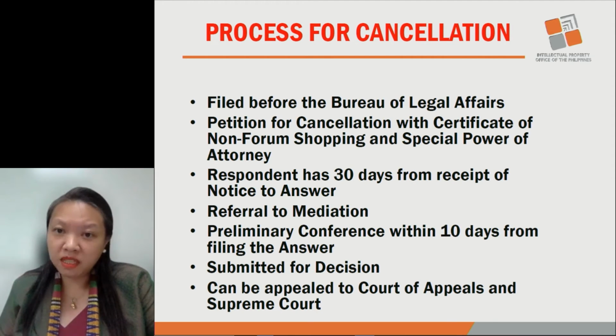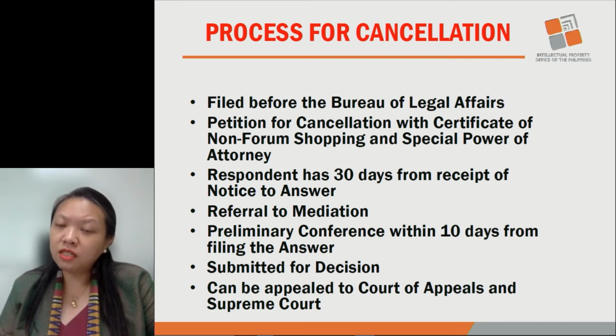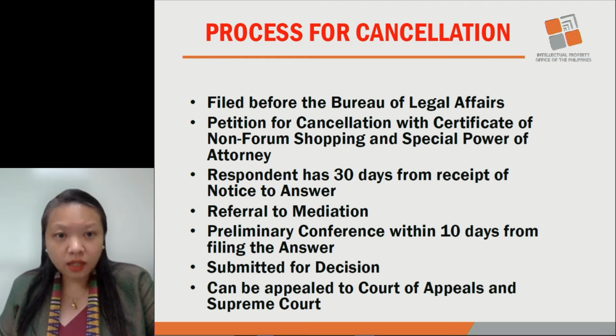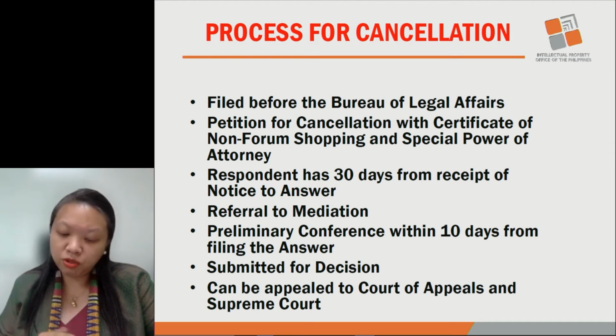Then it's referred to mediation, wherein both parties try to come to an amicable solution or settlement. And if that does not work, a preliminary conference is held, and then it is submitted for decision. This process may or may not involve oral proceedings.